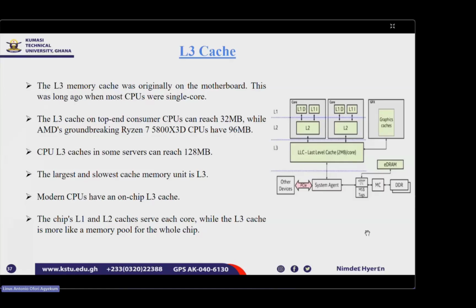For example, the recent AMD Ryzen 7 processor has an L3 cache of 96 megabytes.